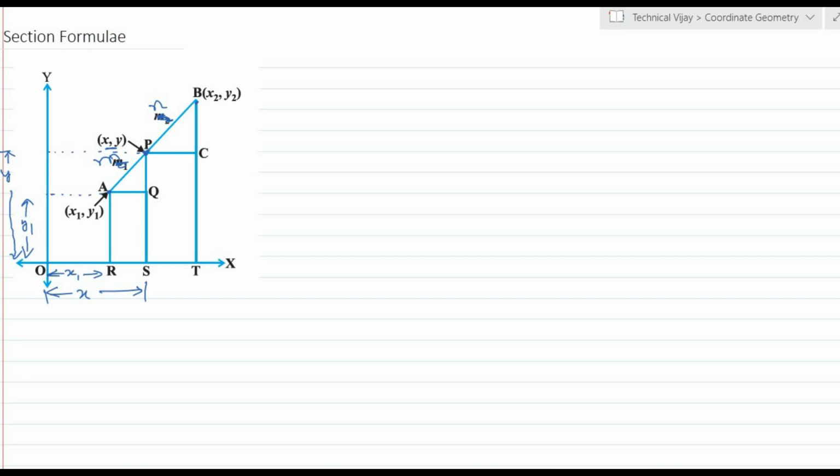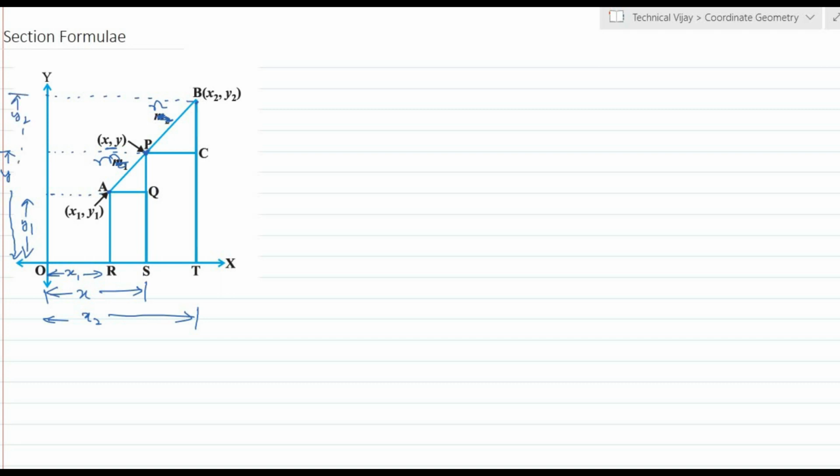In the same way, this is x2 and y2. Here OT is equal to x2, and BT, from this to this, is y2.